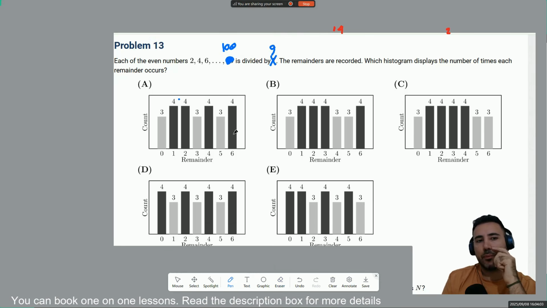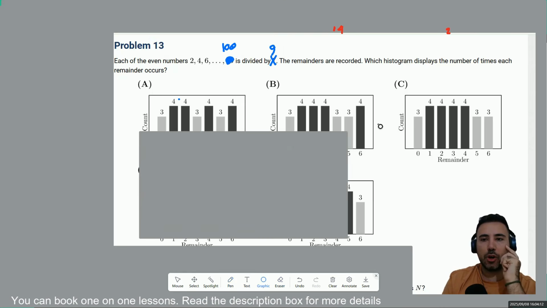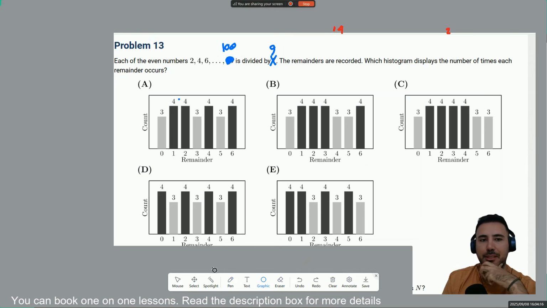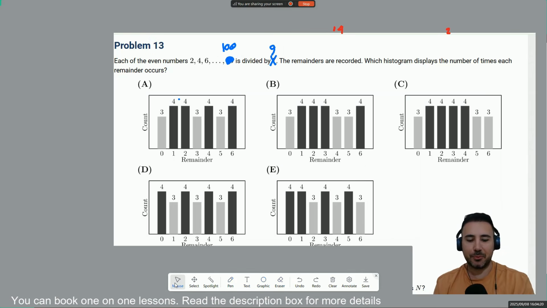Each of the even numbers 2, 4, 6 all the way to 100 is divided by 9. You're supposed to draw a histogram like these yourself. That would be the practice question. So that's the end of problem 13.